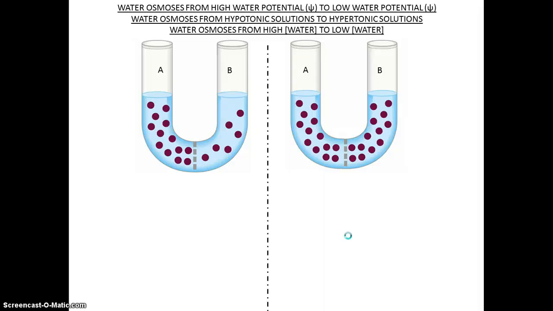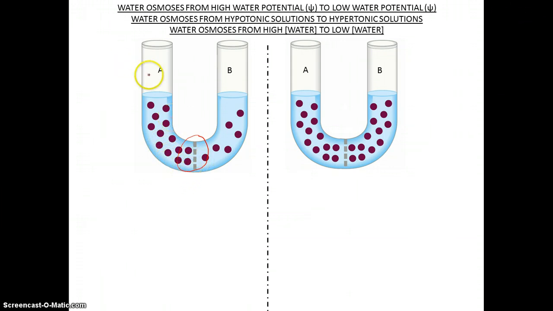So water osmosis always goes from high water potential to low water potential, or in other words, from a hypotonic solution to a hypertonic solution. So if you look at this U tube, and we call it a U tube because it's in a U shape, and notice these dotted lines, this is a semi-permeable membrane, and this membrane will allow certain things to go through. So in this case, solutes are not going to go through, but it's allowing water to go through.